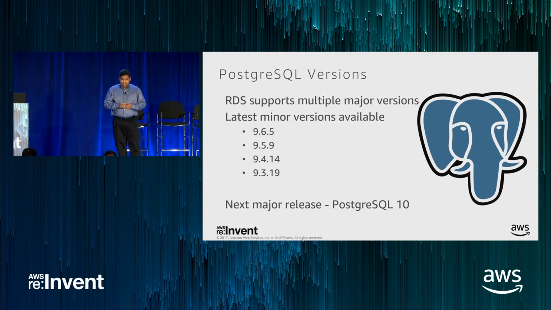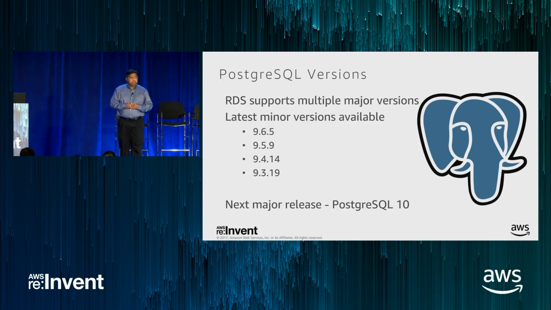So let's go deeper into overall Postgres deployments on RDS, and then wherever it makes sense, I'll be talking about Aurora or EC2 as required. Currently on RDS Postgres, we support multiple major versions. We have a 3-year cycle of all major versions that we support, and we closely follow the releases that the community does and provide them in a few weeks on RDS.